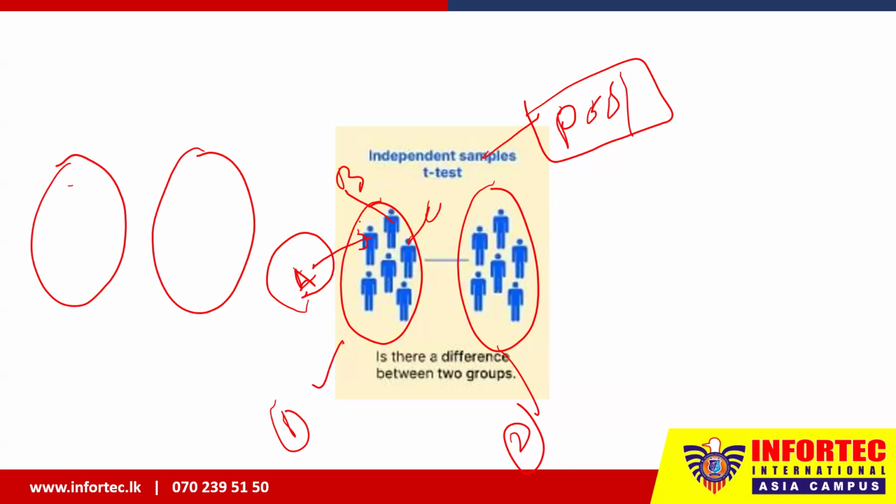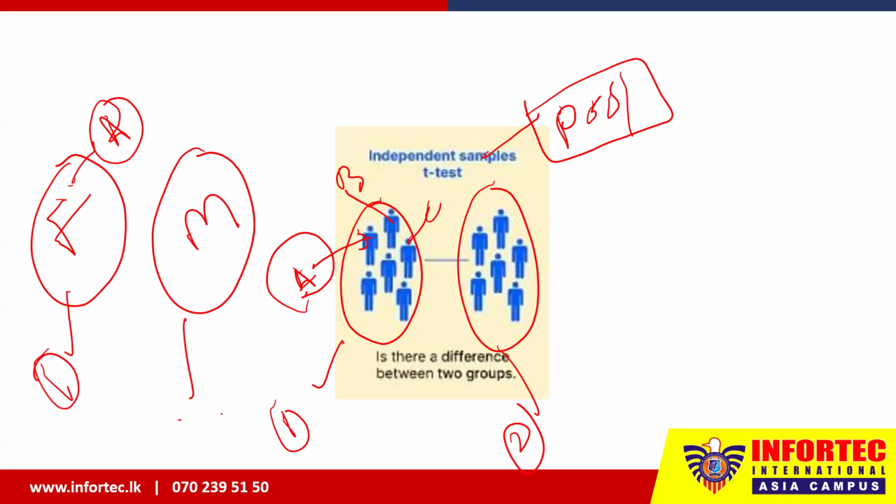As an example, if you take a female sample and a male sample, a female group and a male group, and there is a person called A, this is the first sample and this is the second sample.